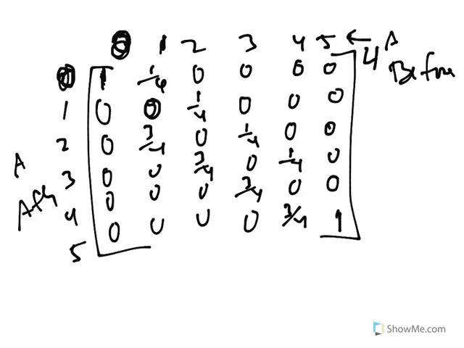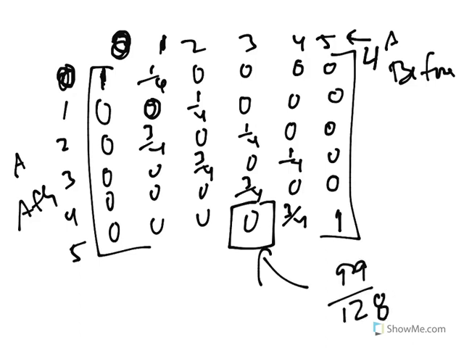He's starting with 3, so I want to track that number over there. I popped it into the calculator, and all kinds of different numbers come out, but this number turns into 99/128. So that would mean there's about a 77% chance that he'll win after 4 times. Now, he might win sooner or he might win later, but the chance that exactly 4 games from now he will have achieved the 5 wins is a 77% chance.